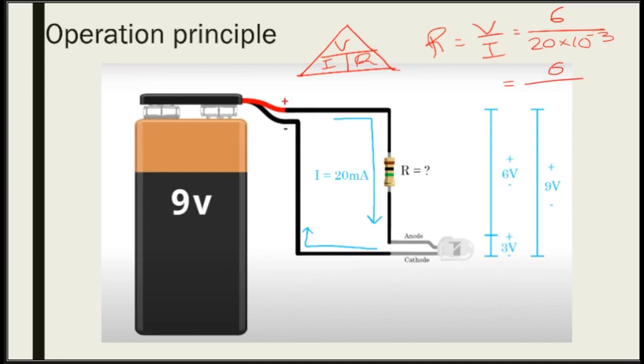What is that in standard notation without the scientific? 0 point what? How many zeros do you need? 2 zeros. So 0.0, 0, 2.